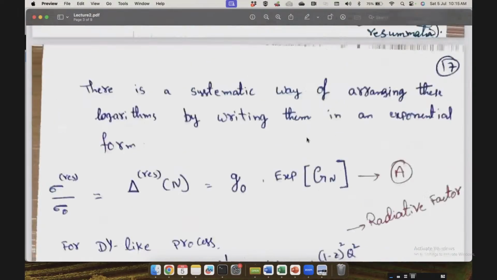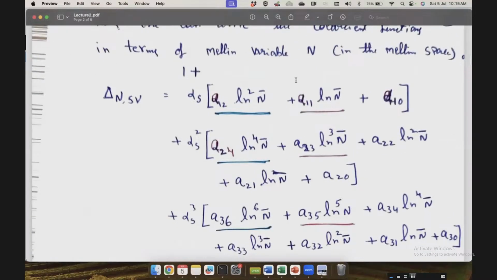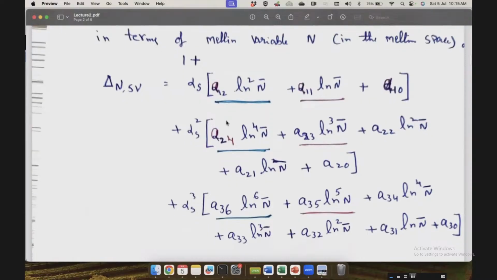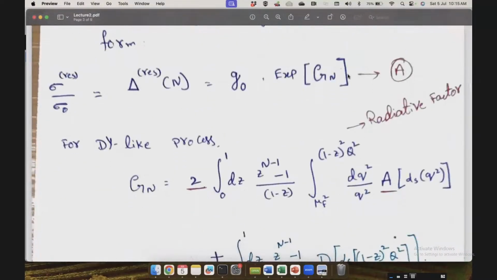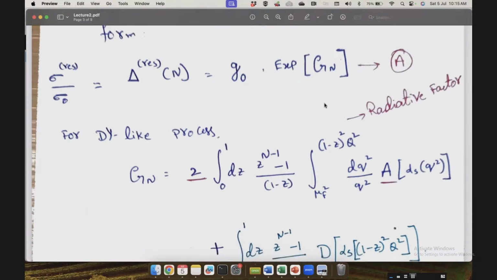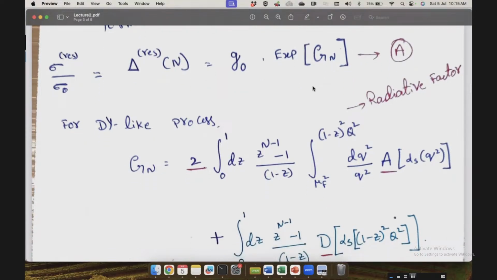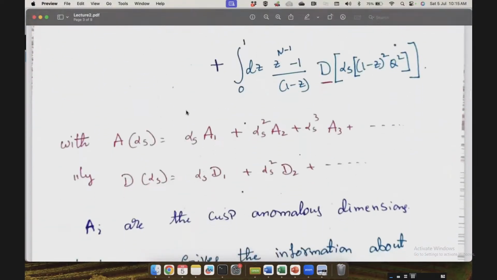Now, if you know in perturbation theory what these unknown constants are, then by expanding this Sudakov resummation, this exponential resummation formula, where all your answers are given in terms of A1, A2, A3, you can fix the unknown quantities A1, A2, A3, D1, D2, D3, etc. from the known perturbatively calculated quantities.